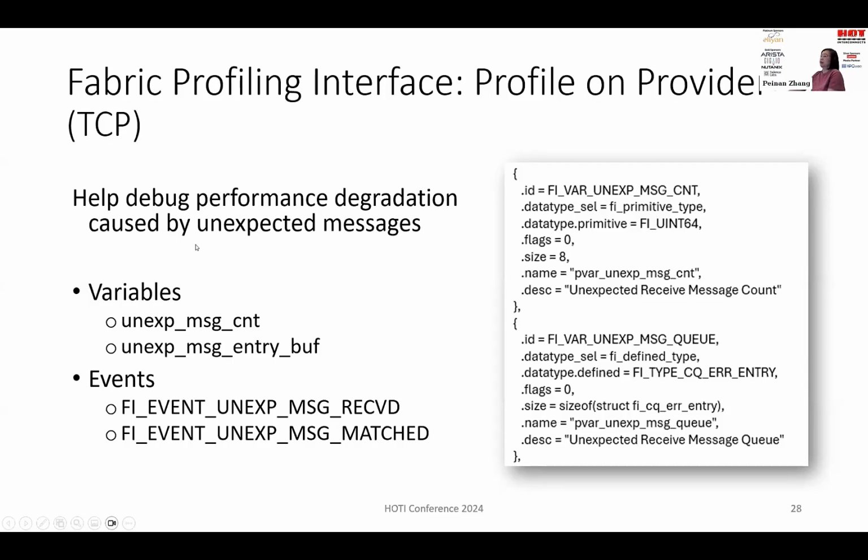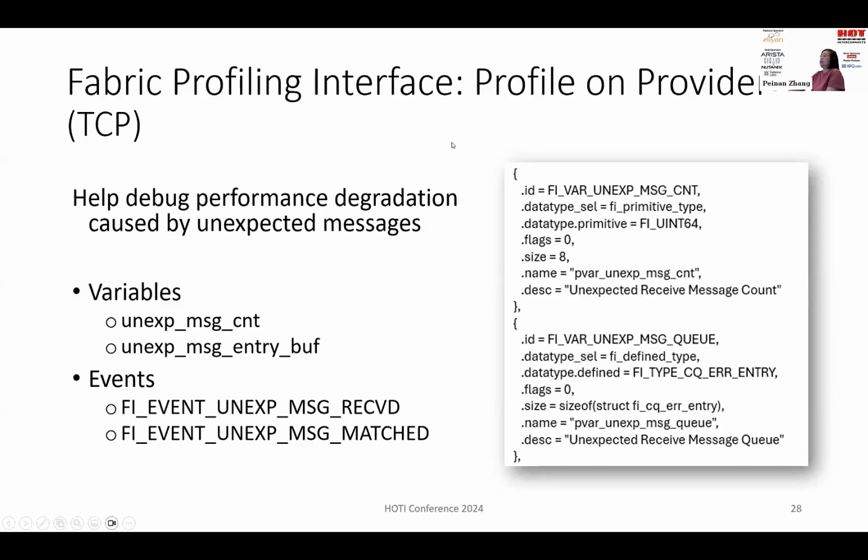If many unexpected messages occur in a workload, they will potentially cause memory pressure, buffering overhead, or increased latency, and even cause deadlocks. So TCP added this profile to allow the provider to inform the application once such a situation happens.